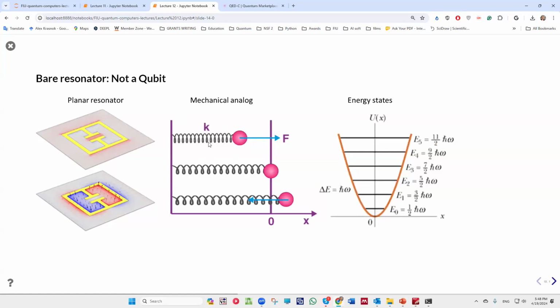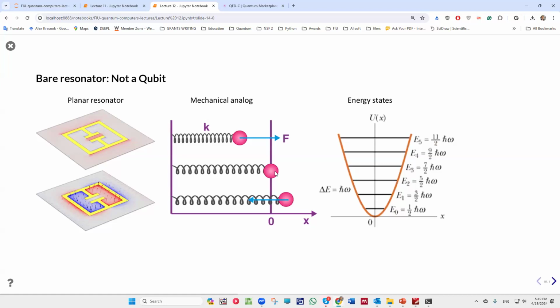The picture in the center just demonstrates the mechanical analog of this. So in the electromagnetic resonator, we have the exchange of electric field to magnetic field and back, and vice versa. In a mechanical resonator, we have exchange of potential energy into kinetic energy and vice versa. So essentially, if you understand the physics of the harmonic oscillator, that's basically what you need to grasp a large part of all this physics.